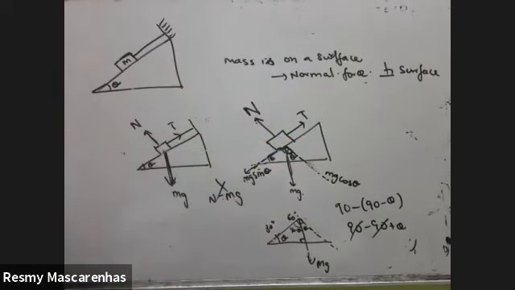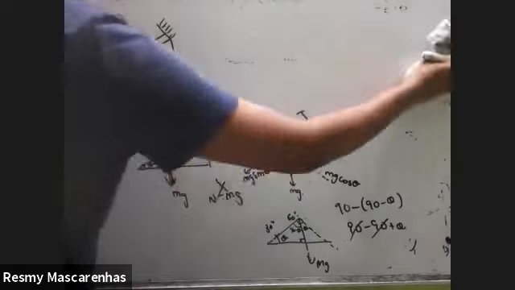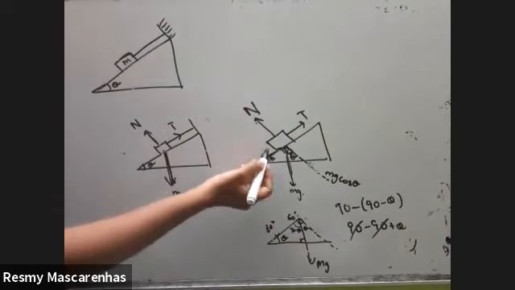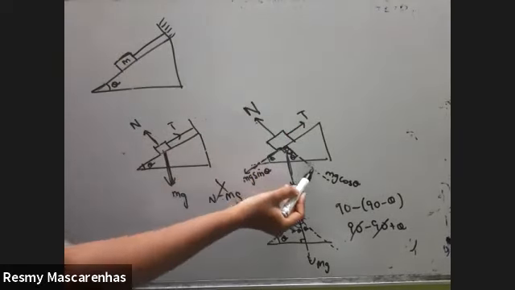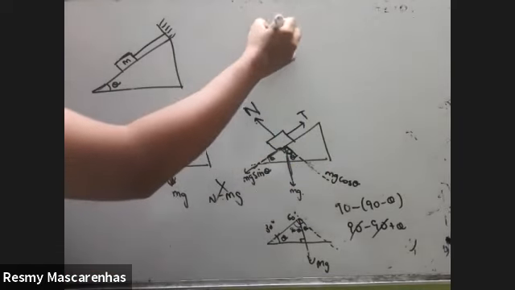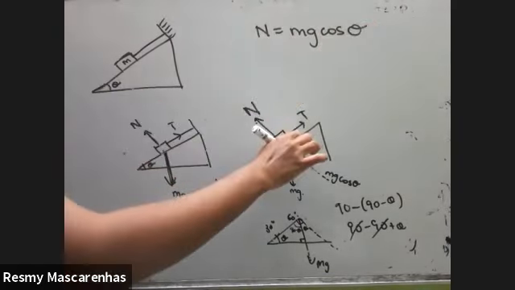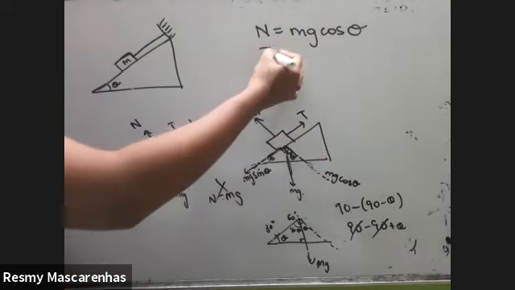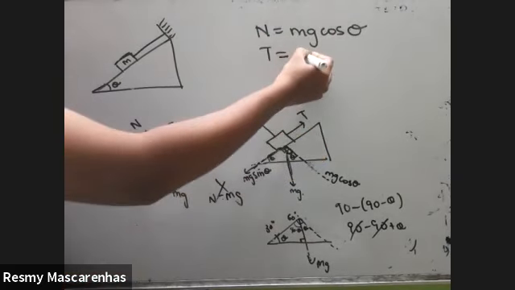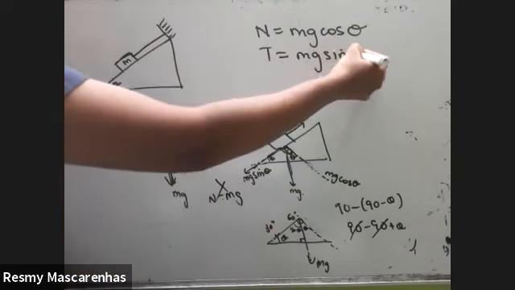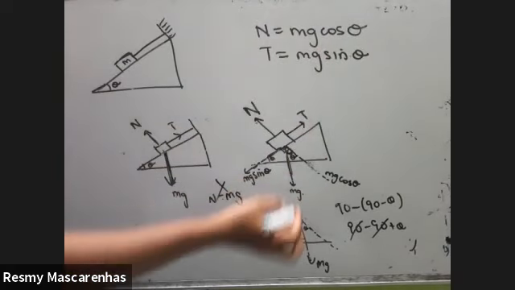As per that logic, values are not given, so only in terms of formula you have to write it. Now N is exactly opposite to this, so N will be equal to mg cos theta, and who is opposite to this? T. T is opposite to mg sin theta.